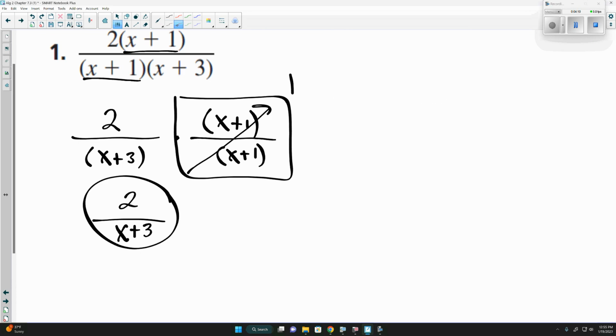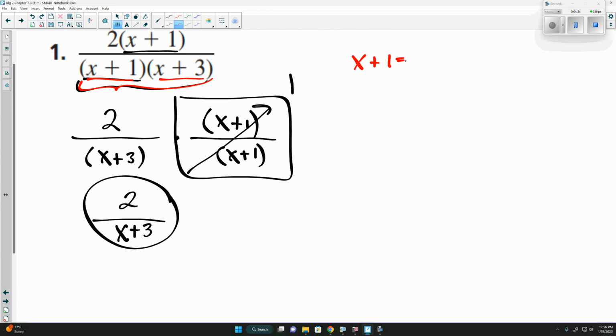Now, before we move on to the next one, we do have something called restrictions. What our restrictions are is that the denominator cannot be 0. We can't have an x value that's going to make the denominator 0. And since we have two things multiplied together, if there's a value of x that will make one of these be 0, it's going to cause the whole thing to become 0.